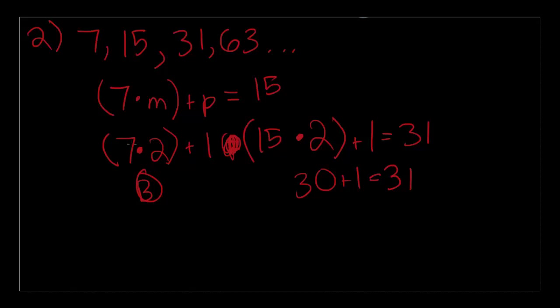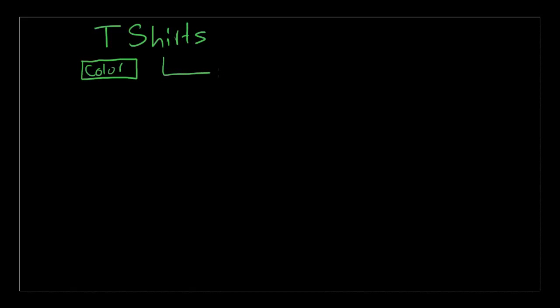So number 3 has some squares that I need to draw. T-shirts. And then there's a color box. And then there's a size box. Alright, let's extend this.